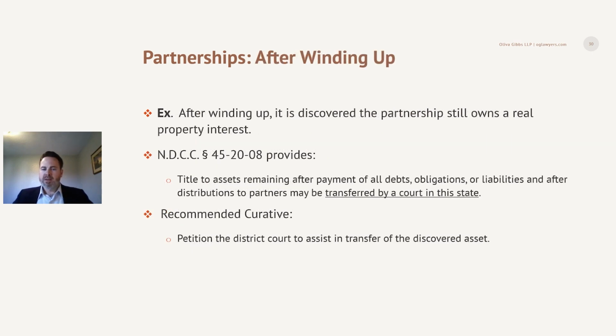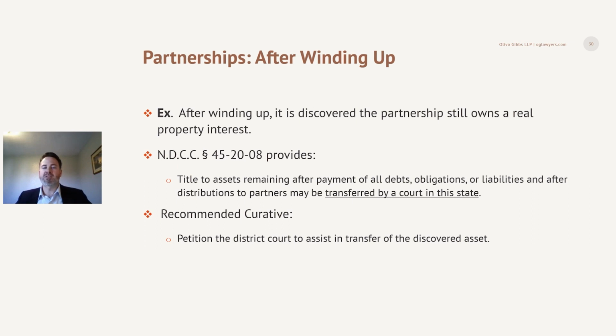So this will be our final slide on partnerships. And in this example, the subject partnership has dissolved and winding up is complete. However, as can be the case, it's discovered that the partnership still owns a real property interest in a tract they did not know about.